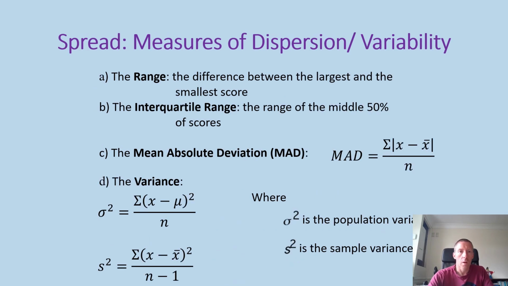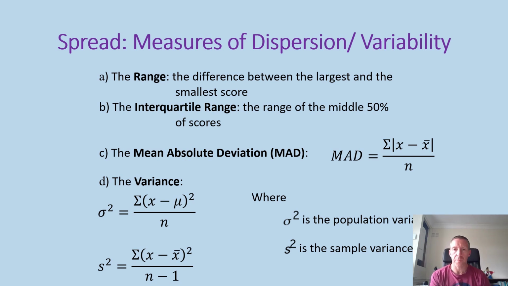Okay, so spread, measures of dispersion or variability. There are a few different ones. There is the range, which is the difference between the largest and smallest score.